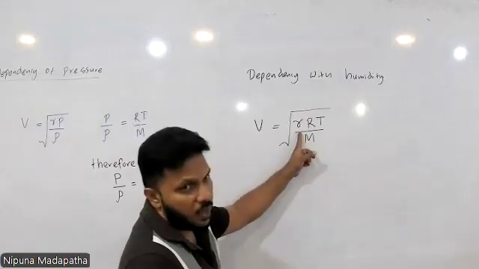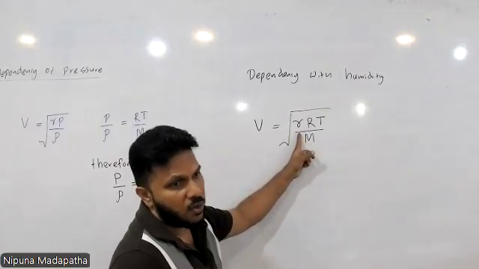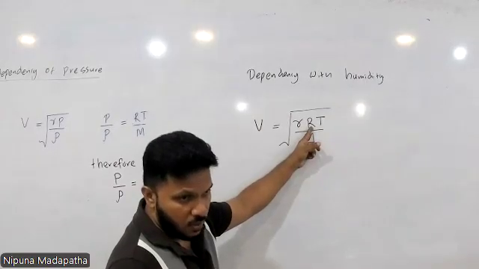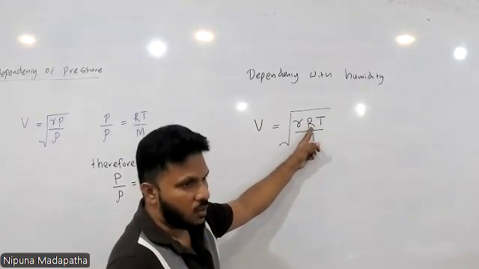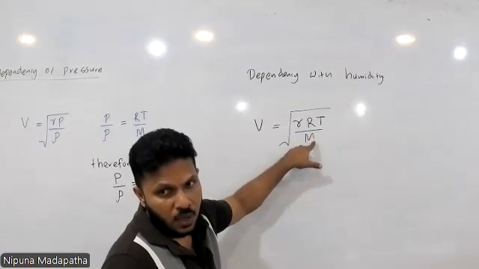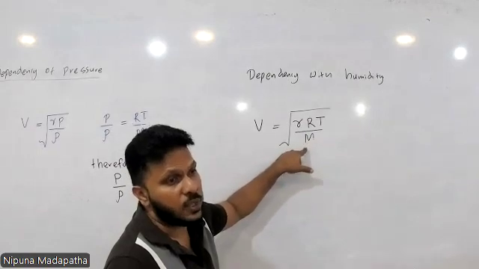Does humidity affect the gamma? No, it depends on the number of atoms in the molecule. Does humidity affect the universal gas constant? No. The temperature? No. So what is affected? The mean molar mass of the air.